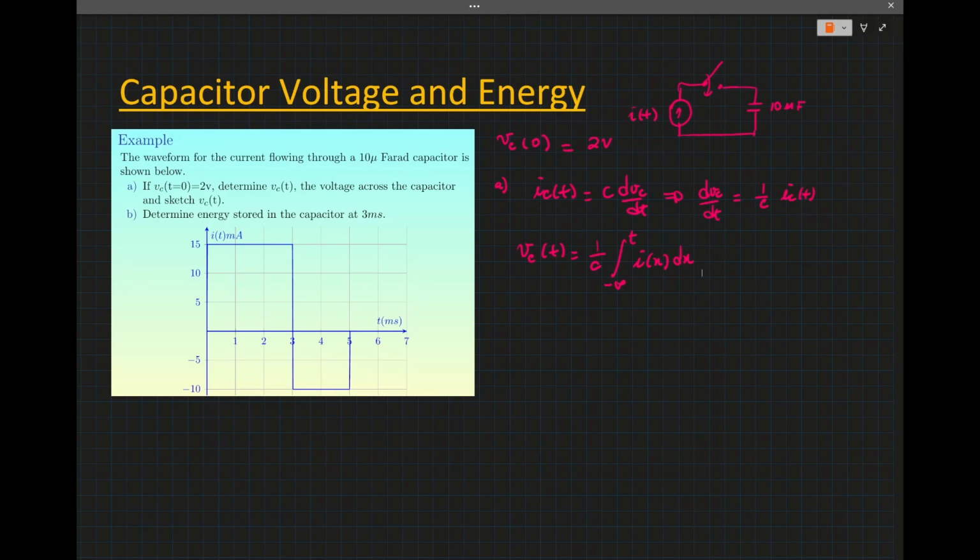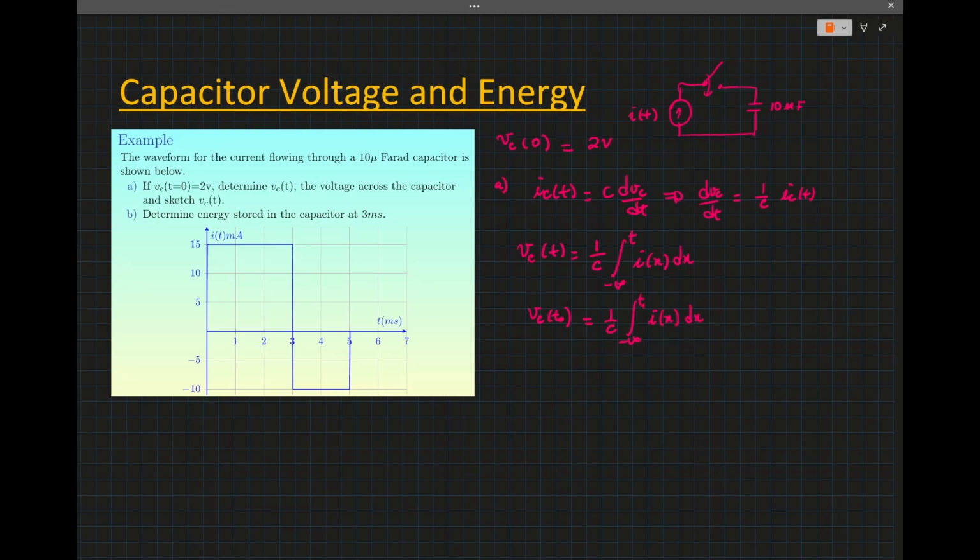so that I can account for the initial conditions, like the initial value, because this current is a piecewise function. If you watched one of my previous videos when we were dealing with the inductor, you'll agree that VC of t0 is 1 over C integral from negative infinity to t0 of I of x dx.